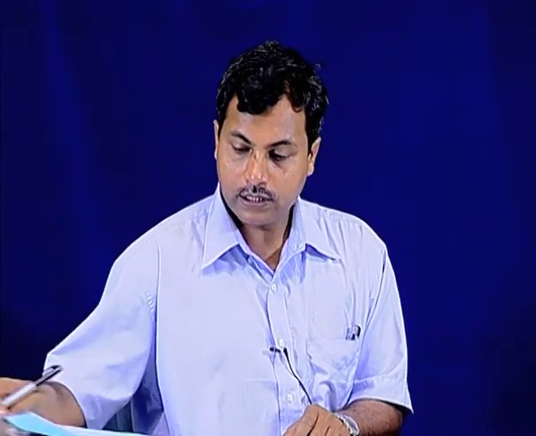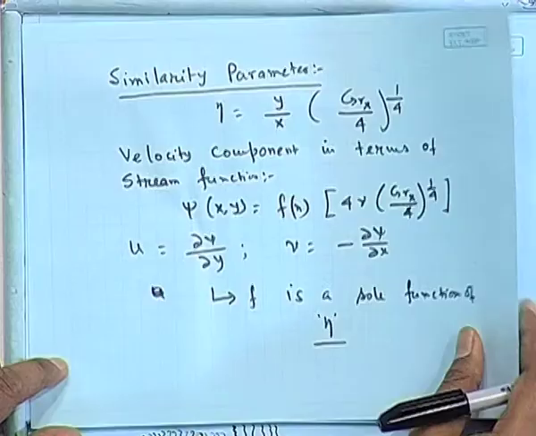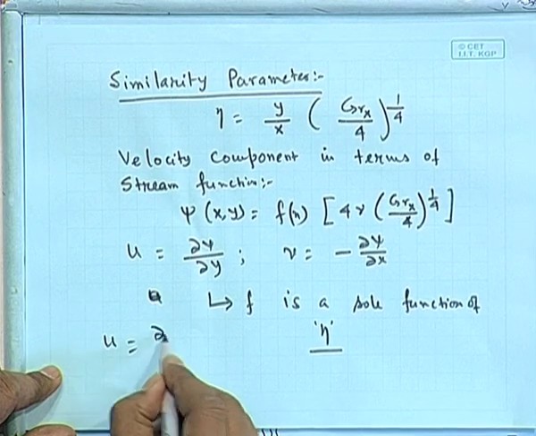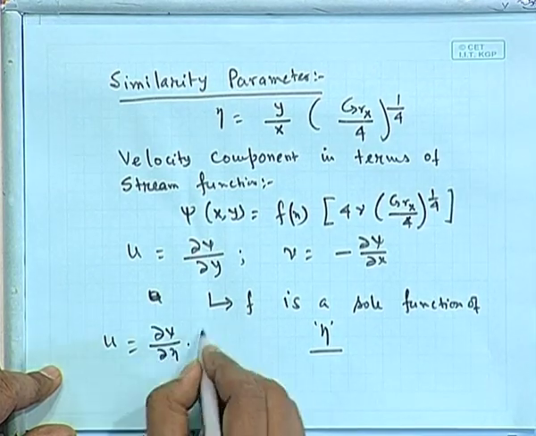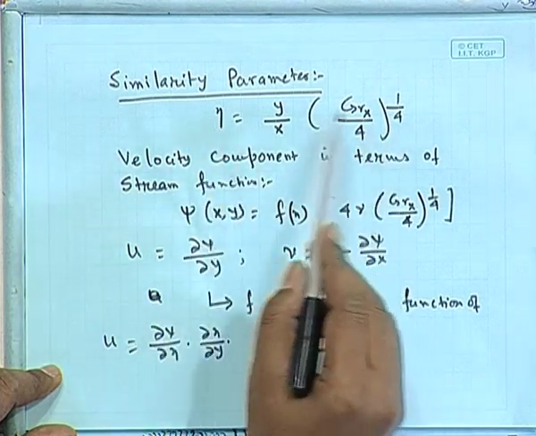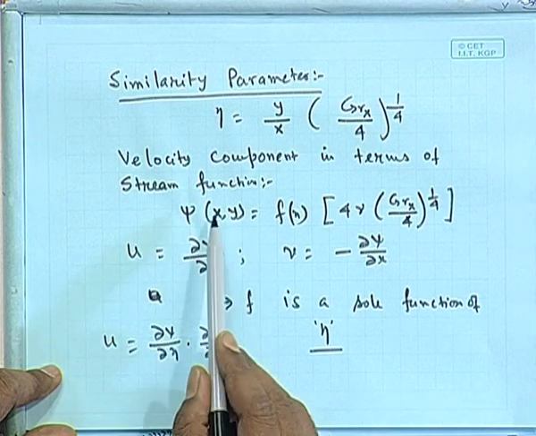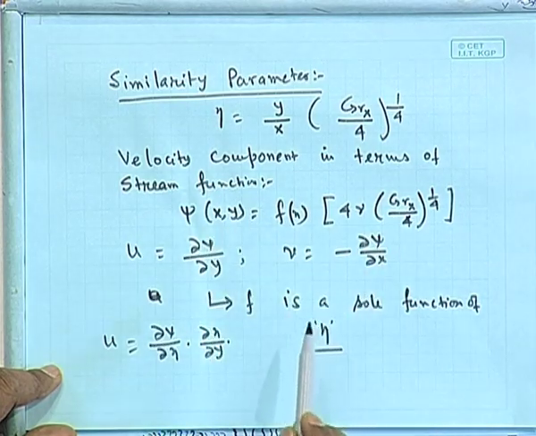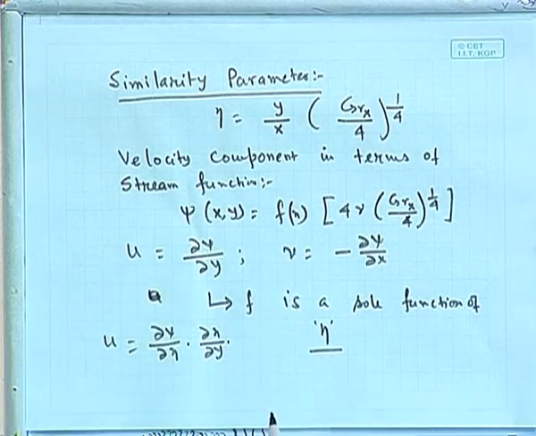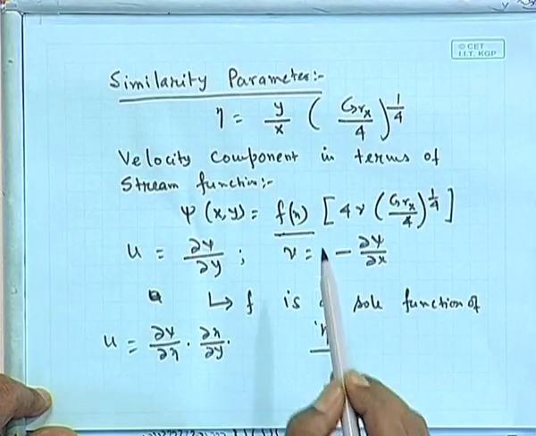Now, what you have to do, you have to get u as a function of del psi del y. This can be represented as del psi del eta times del eta del y. Okay, del eta del y can be evaluated from this, and del psi del eta can be evaluated from this. Okay, in this way you will be getting f dash eta, that will be df d eta only, not the partial derivative, because we have assumed that f is a sole function of eta.